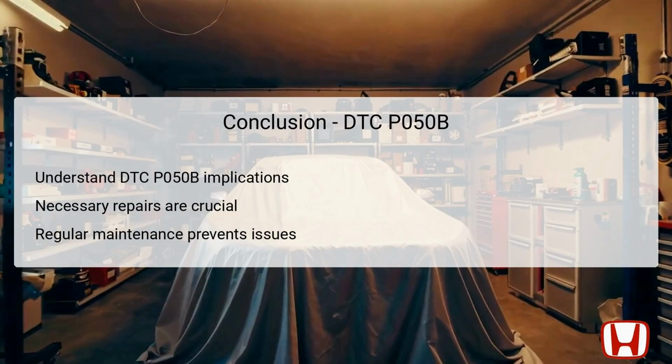Timely repairs based on thorough diagnostics are necessary to restore proper functionality and enhance vehicle reliability. Moreover, implementing a routine preventive maintenance schedule can mitigate risks of future occurrences of similar DTCs. By taking these steps, vehicle owners can ensure their Honda Accord remains in peak condition while complying with emissions regulations.